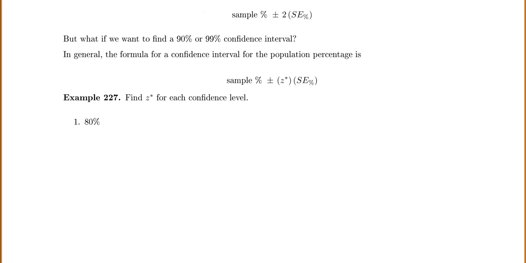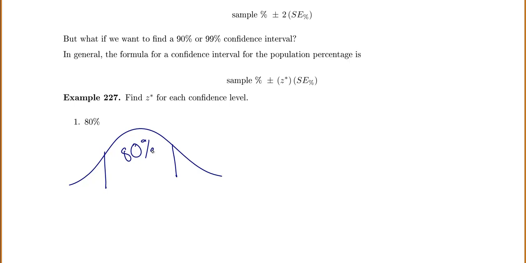So if I want to find an 80% confidence interval, the idea is that if you draw the normal curve, you want 80% in the middle, because you're taking 80% of the most common values, and then the tails are the more extreme ones.